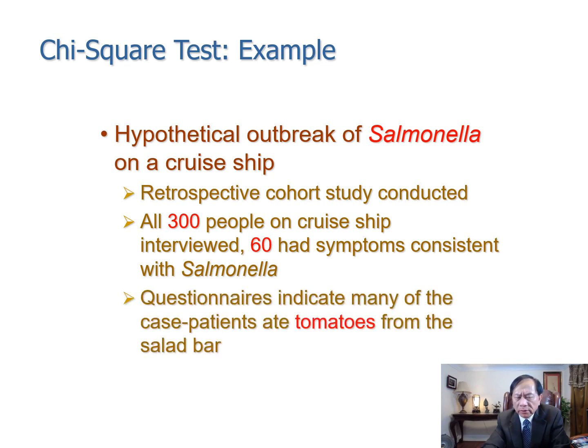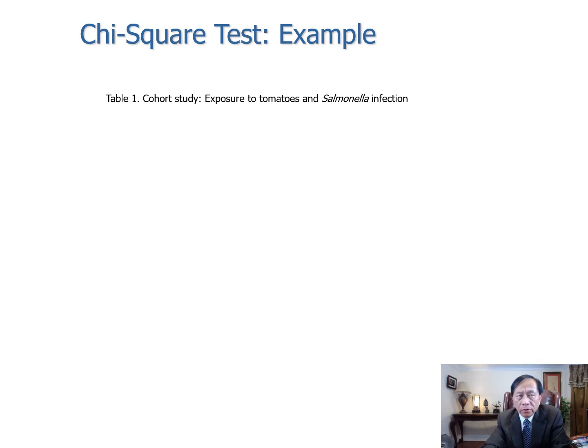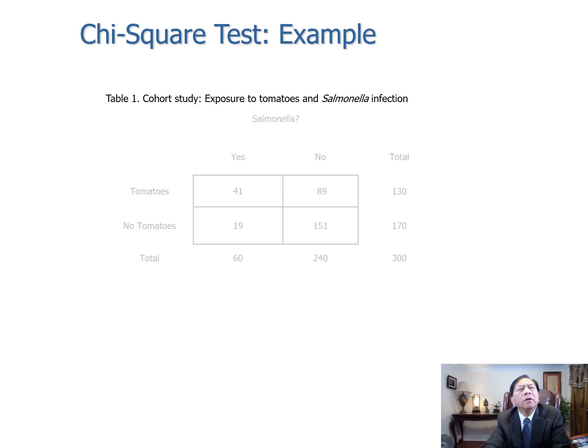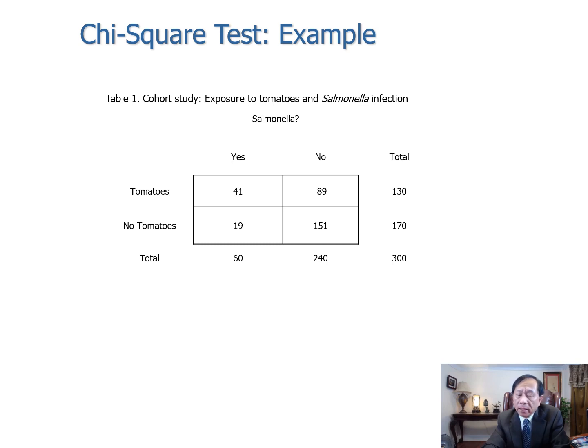Questionnaires also indicate that many of the case patients ate tomatoes from the salad bar on that day. So the question here is to study the exposure to tomatoes and the salmonella infection, to see if there's any connection.